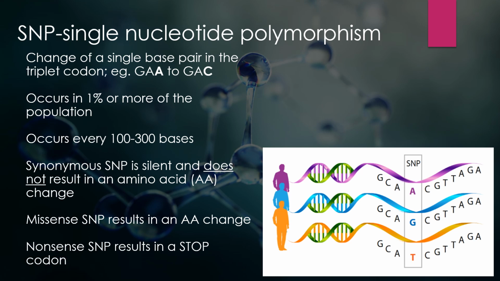It is just a change of a single base pair in the triplet codon. They can be silent, in which case it would not change the amino acid that it codes for. It could be a missense SNP, which does change the amino acid, and then it could be nonsense, which results in a stop codon.